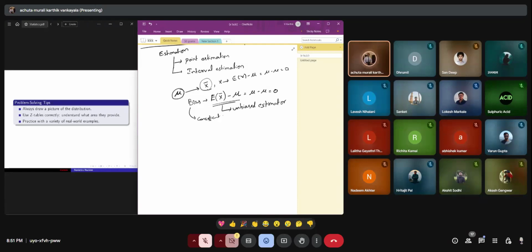But x bar has other properties, that its variance is sigma square by n. The variance of x is sigma square, right? So that means the variance of x is more, the variance of x bar is less. When the variance is less, that means your distribution would be narrow, so your confidence will be more. Okay, again, you will study all this in statistics.